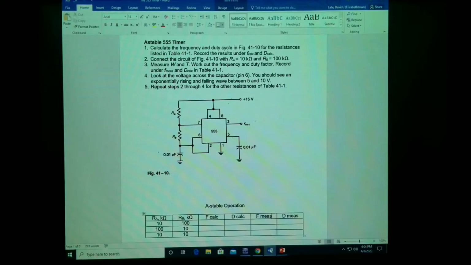First thing we're going to look at is down here at this chart, where it tells you to do your F calculation and your D calculation for these three different sets of resistors. Resistor A, which is up here, and resistor B, which is here.